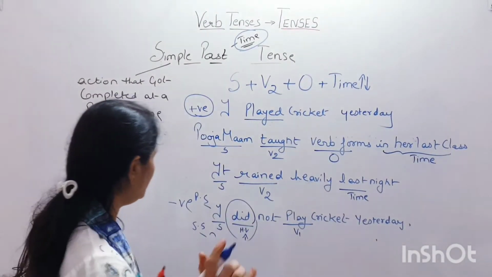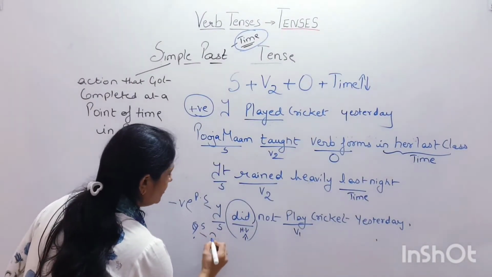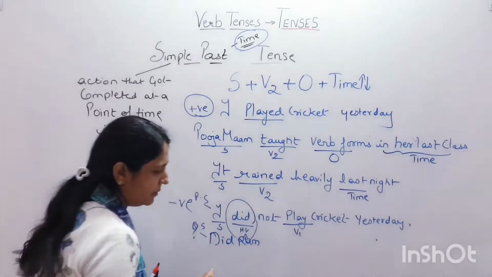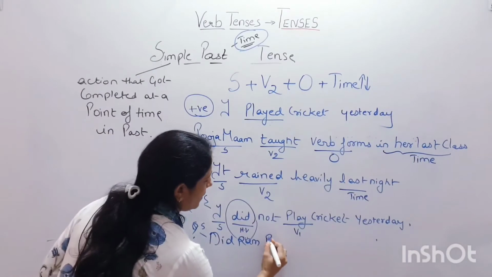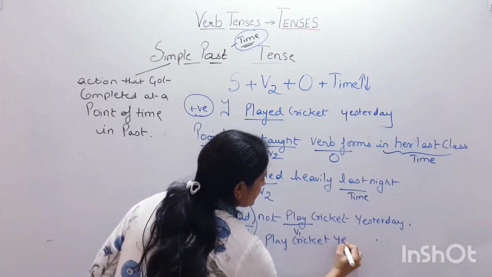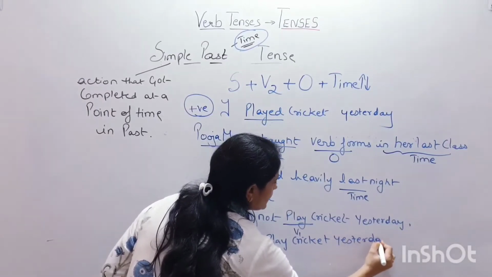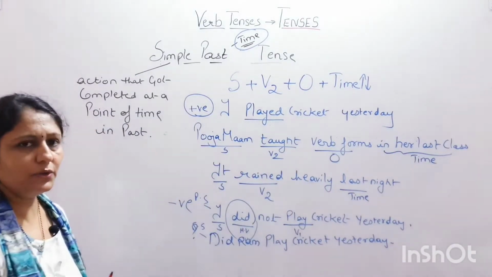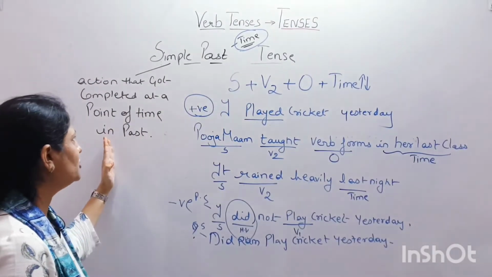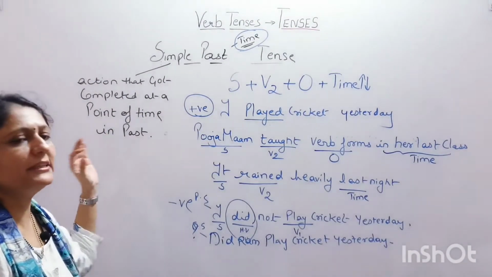For interrogative sentence मेरा sentence बनेगा Did Ram play cricket yesterday? So I guess now you are clear about simple past tense, an action that was completed at a point of time in the past.